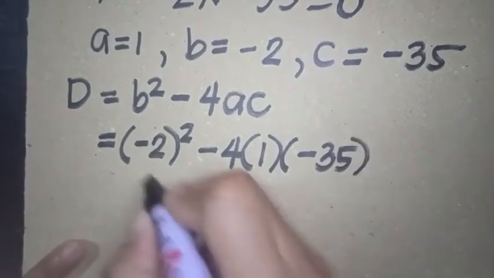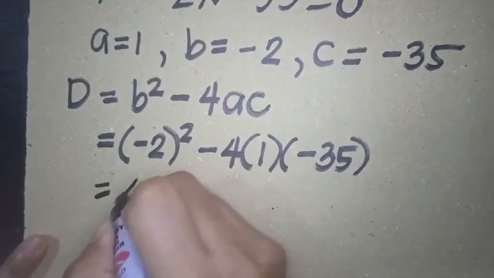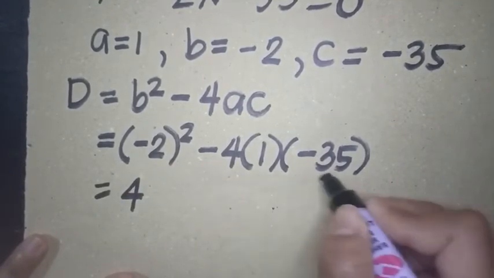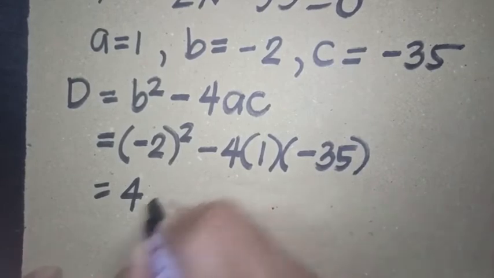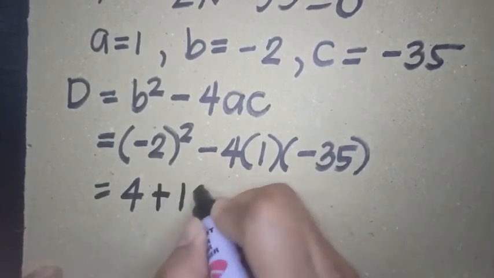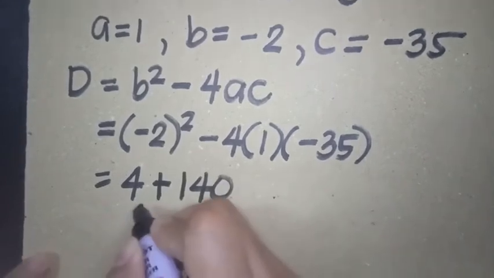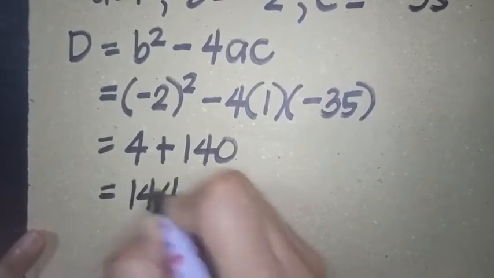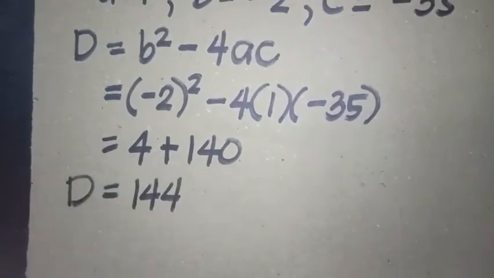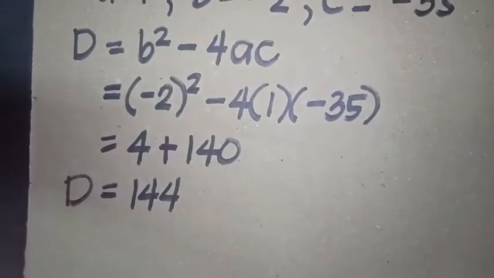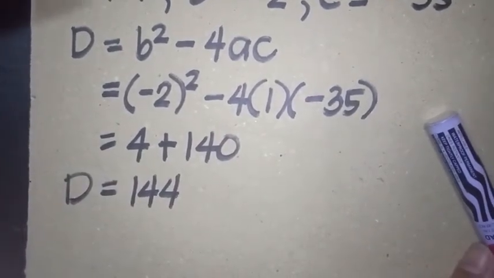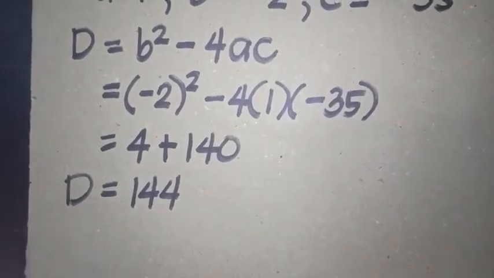So, simplify natin. Negative 2 squared is positive 4. Then, we have negative 4 times 1 is negative 4 times negative 35. So, we have positive 140. So, 4 plus 140 is 144. So, our discriminant is equal to 144. Since yung 144 is a perfect square kasi ang square root ng 144 is 12.